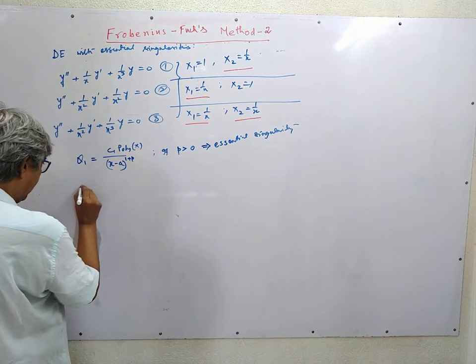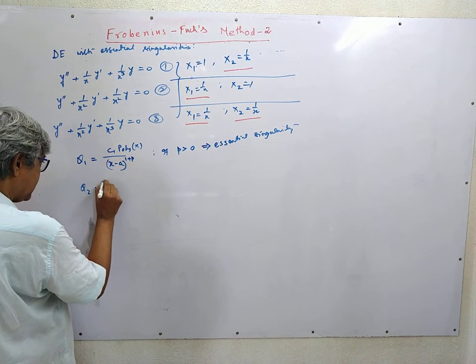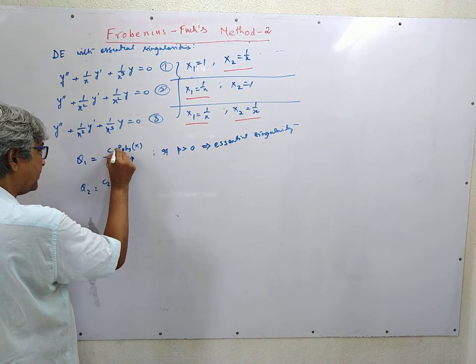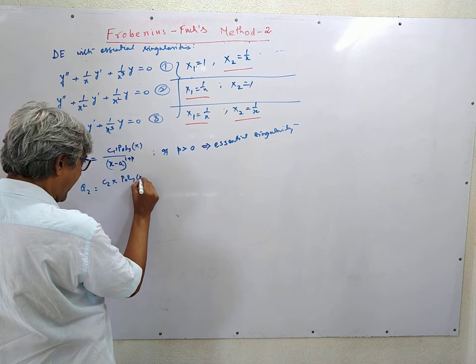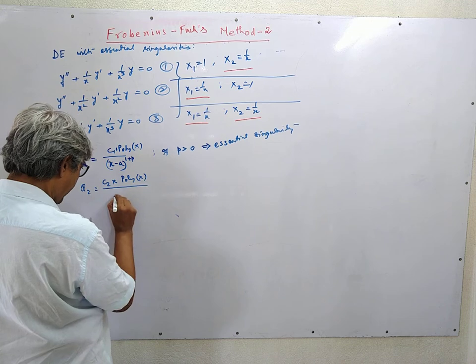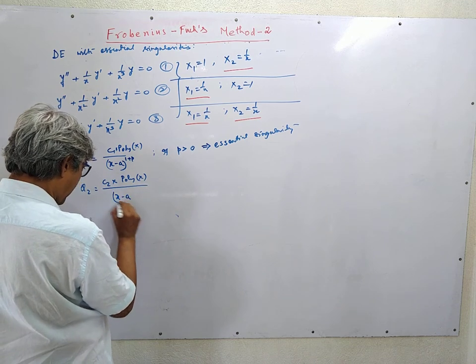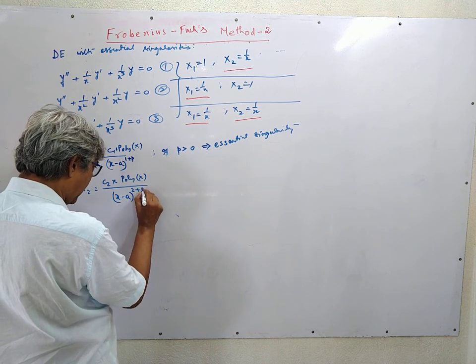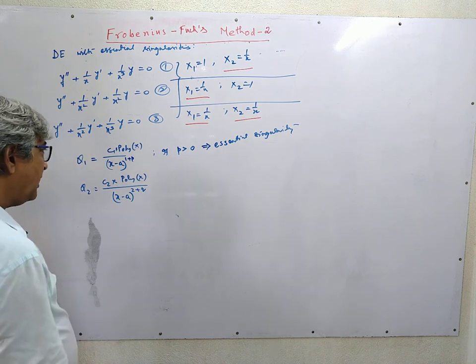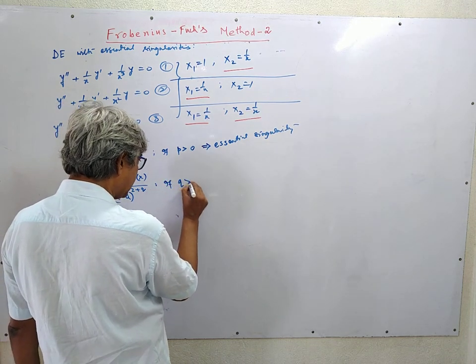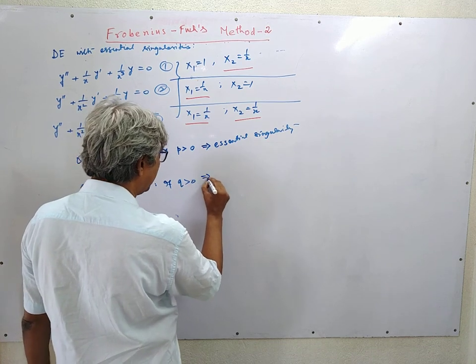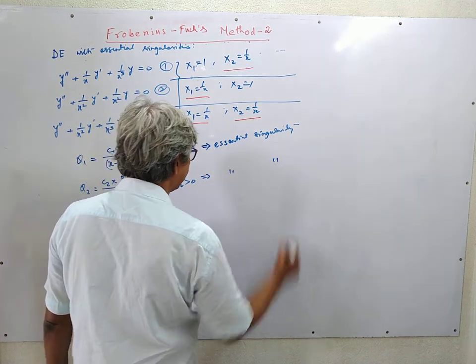And similarly Q2 we write as c2 times another polynomial of x by x minus a to the power 2 plus q. So if q is greater than 0, we will have essential singularities.